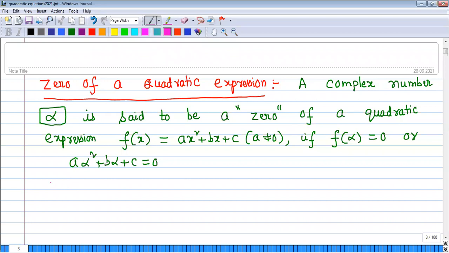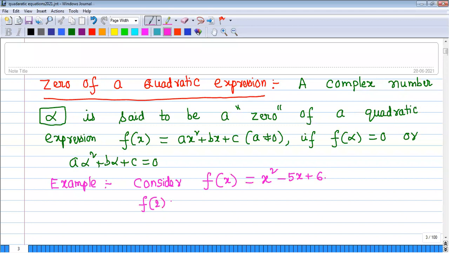So let us have a discussion on example now. Example. So consider a quadratic expression f of x is equal to x square minus 5x plus 6. Now find f of 2. How could you find f of 2?